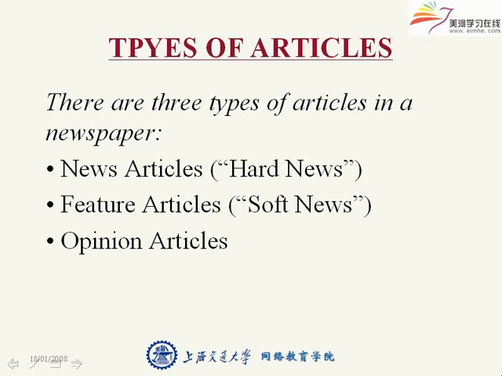I have heard many times that Chinese people tended to mistake this for a real true news article, but it is not. In the opinion article, authors write just what they think, what they want to say, but it does not have to be true, right? If they write, I wish the Queen would be abolished tomorrow, nothing is going to happen, right? So do not mistake this for some kind of information.